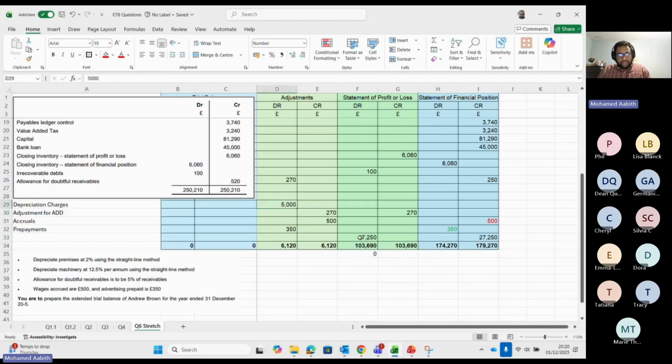That will eventually have a £5,000 entry here. So that profit is now equal to £22,250. Now with £22,250, my trial balance will match. Like that way, it's magic.